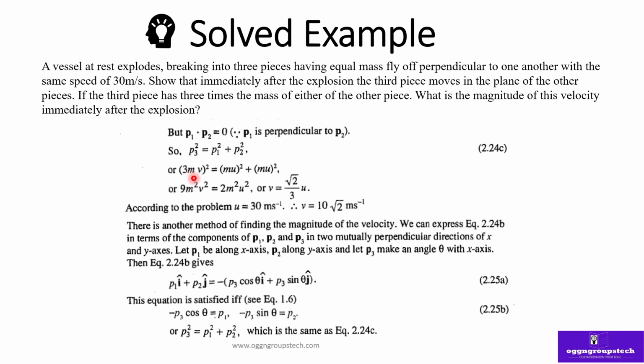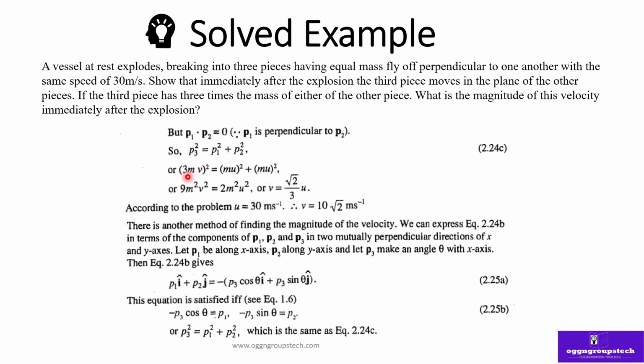3mv. This v is the final velocity, m is the mass, and here in this case the mass of P1. So this is m, velocity u, again here mass and its velocity, so mu the whole square.